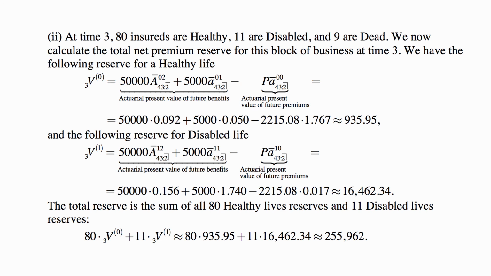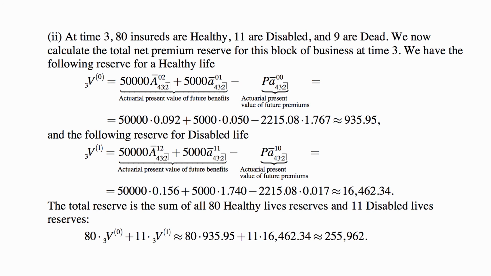Notice that it doesn't say that it has to be healthy continuously without any interruption. The problem does not say that. The problem says the premium is paid while the person is healthy without any conditions. So if the person becomes disabled, then comes back to healthy, then the person has to start paying premiums again, even though the person is not required to pay the premium while the person is disabled.